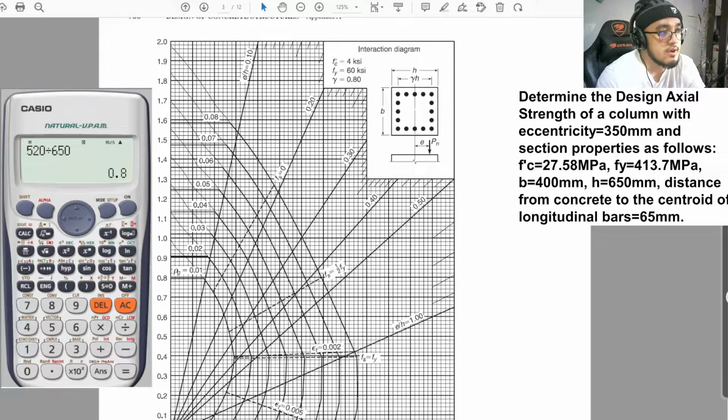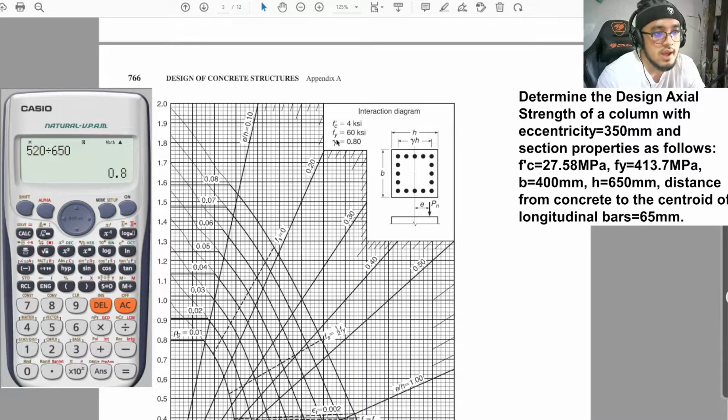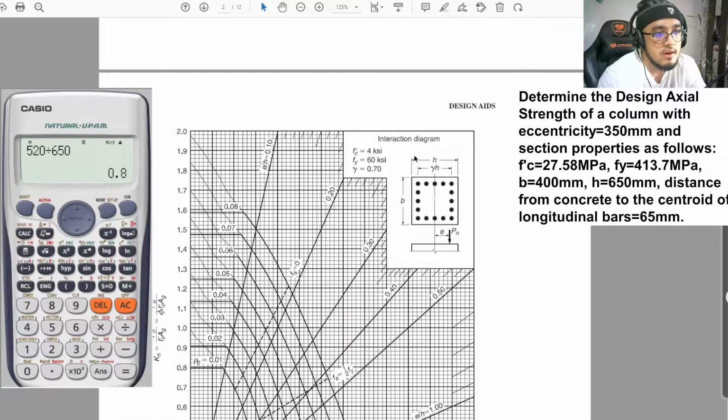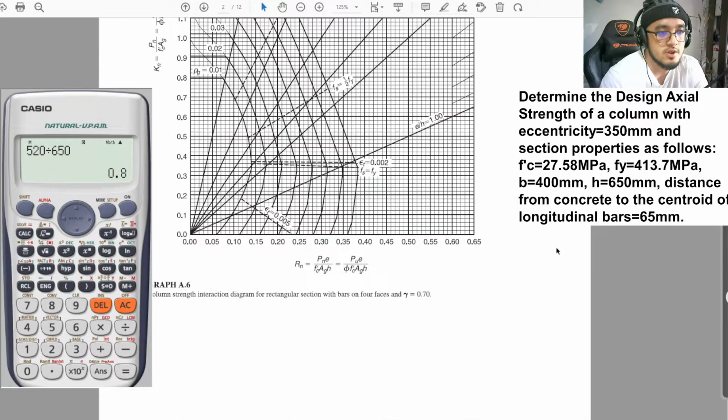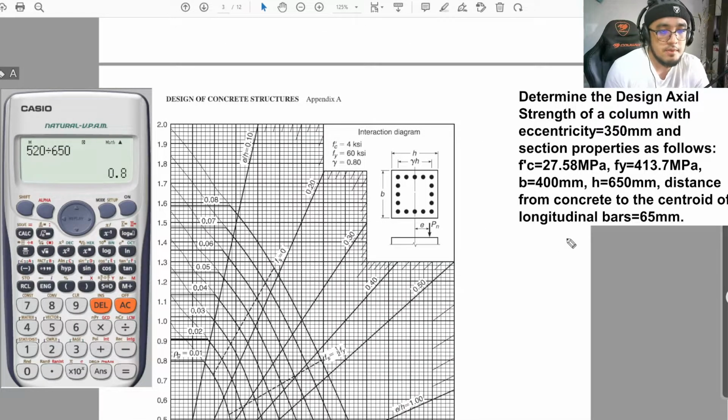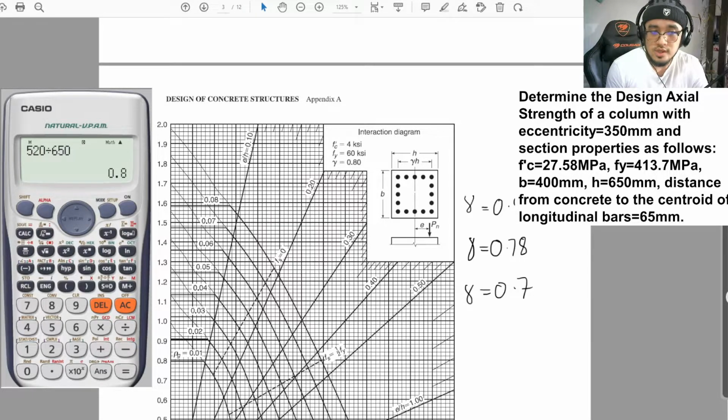But if not, you can get the result from this diagram, and then after getting the answer, you will make use of ratio and proportion. What I mean is that, for example, your gamma is equal to 0.78. So get your answer with a gamma of 0.8 and a gamma of 0.7.